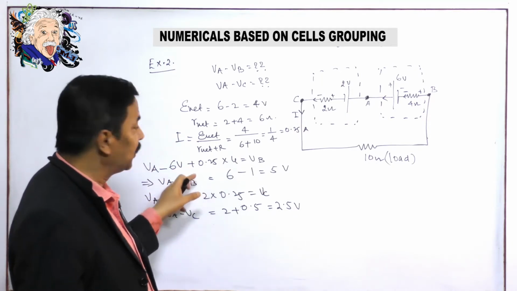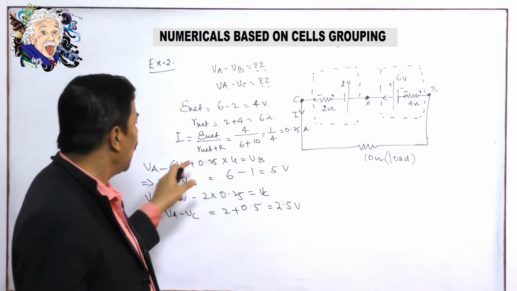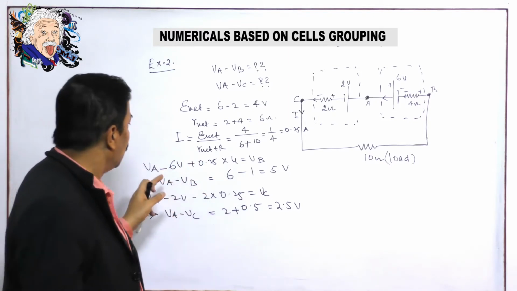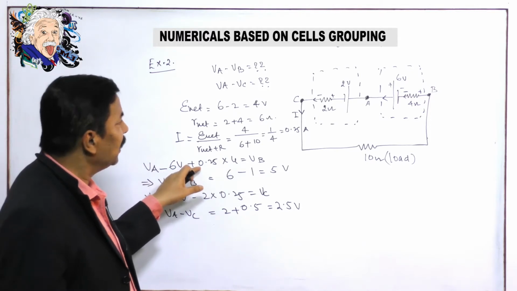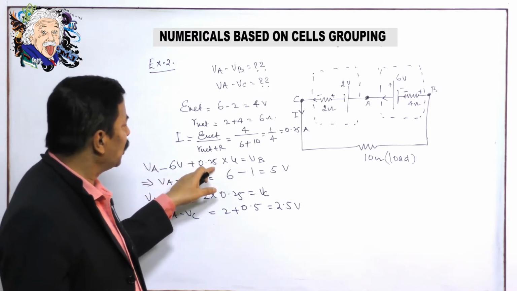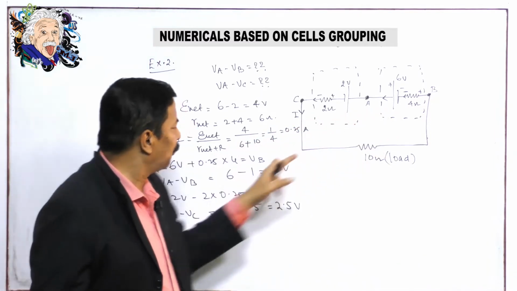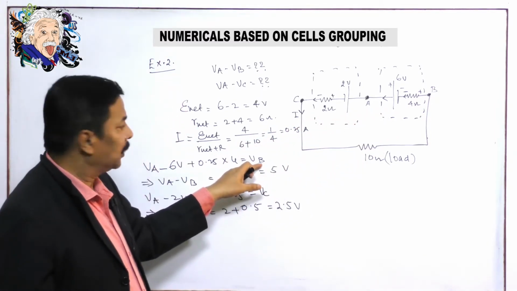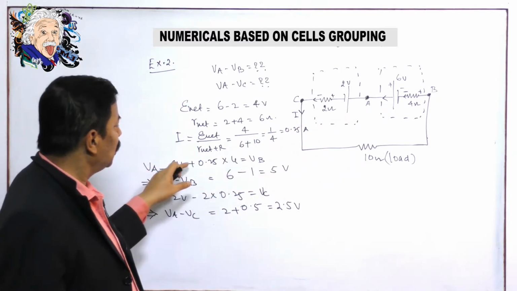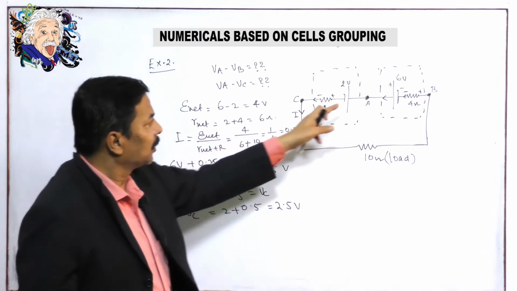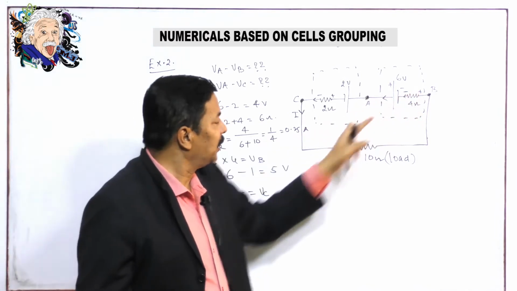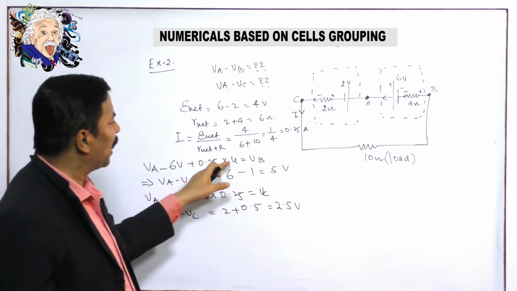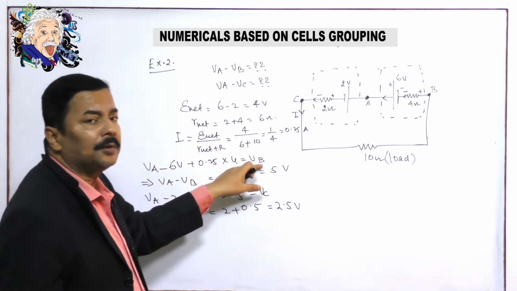So plus, increase means addition of potential, and decrease means subtraction of potential. So VA minus 6 volt plus increase, that is 0.25 into R, which is 4, equals VB. So VA minus 6 volt, because it is a decrease, plus to minus is a decrease, then minus to plus is an increase, so plus 0.25 into 4, equals VB.